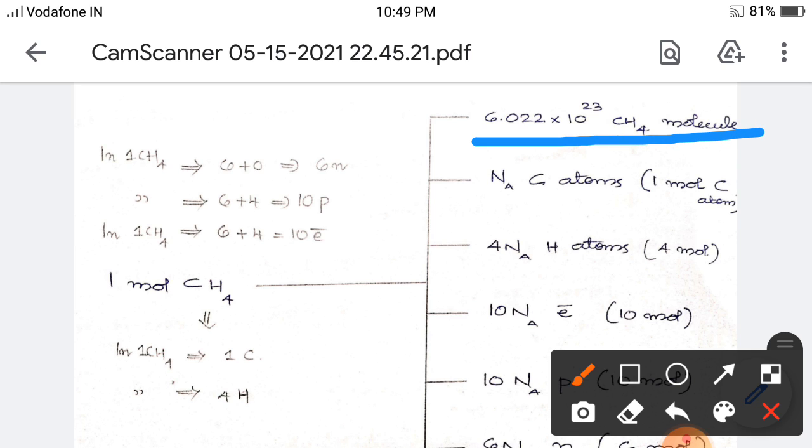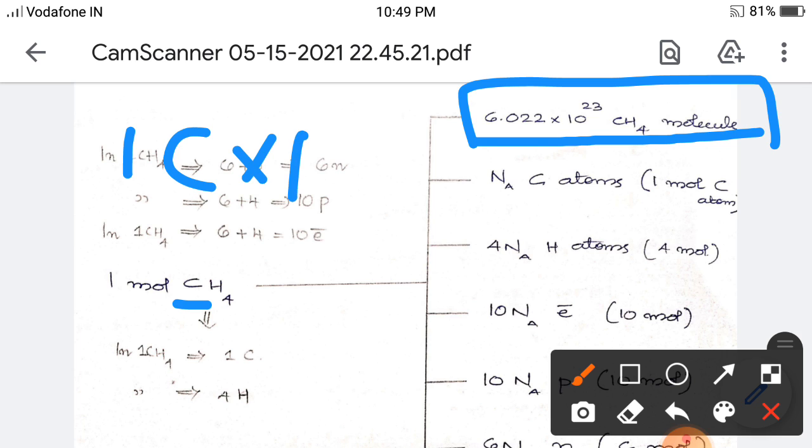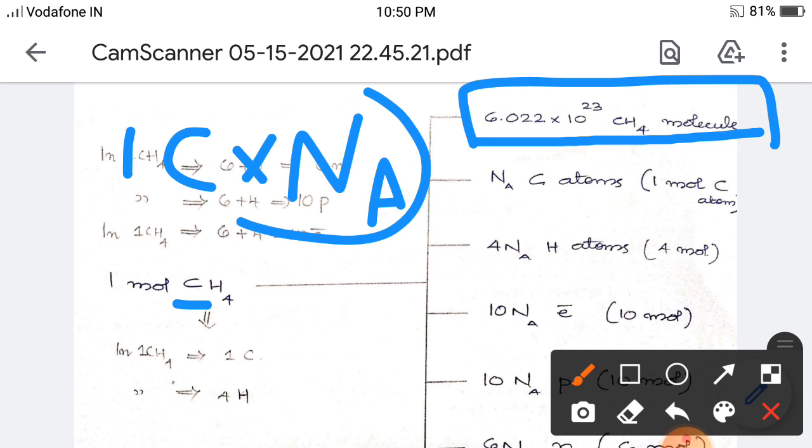Now, how many carbon atoms are present in 1 mole of CH4 molecules? 1 carbon atom. So we have 6.022 × 10^23 CH4 molecules, and we can write 1 carbon into NA, that is the Avogadro number.